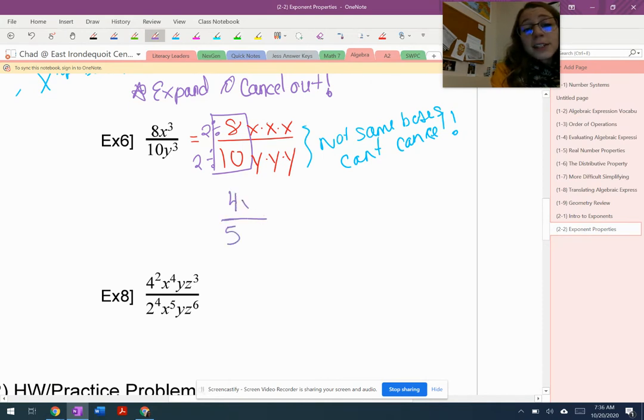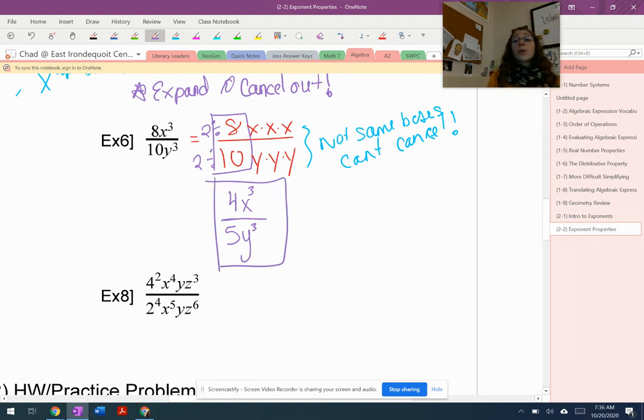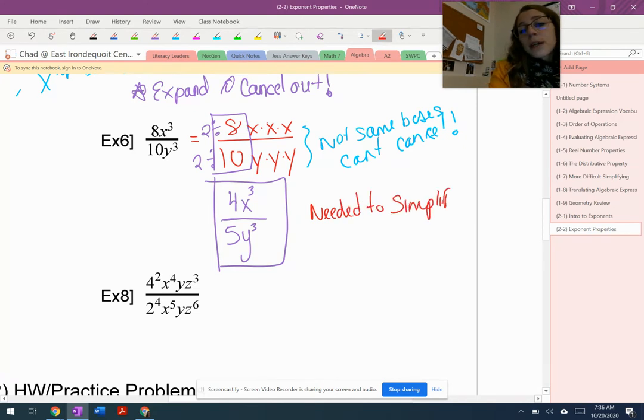So my final simplified answer would be 4x to the 3rd power divided by 5y to the 3rd power. So we couldn't simplify our exponents, but we could simplify the numbers, or more mathematically, the coefficients.